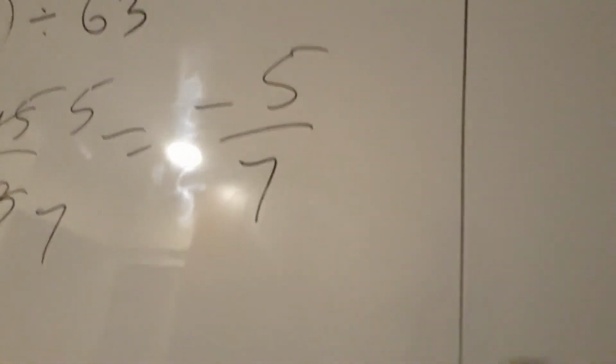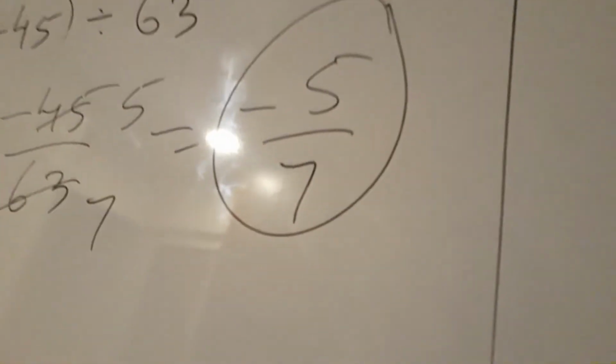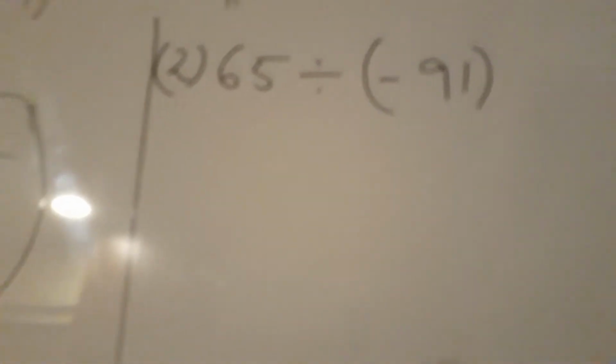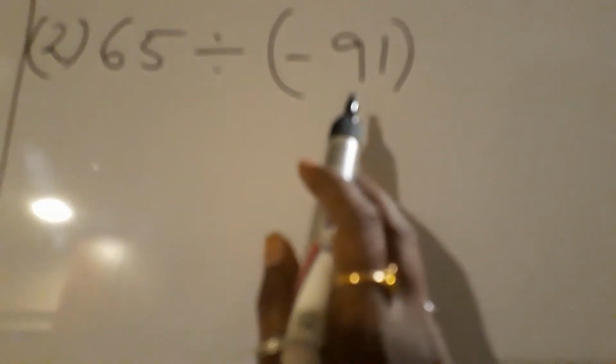Come on, which table? Right, 9's table. 9 5s are 45, 9 7s are 63, which is equal to minus 5 upon 7, and this is what is required. Second one, 65 divided by minus 91.